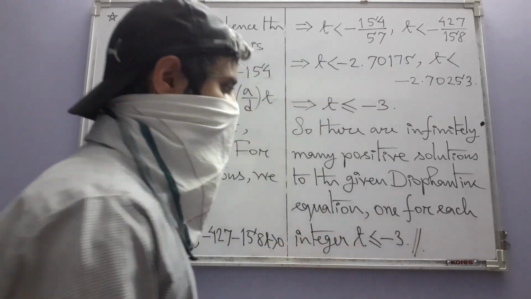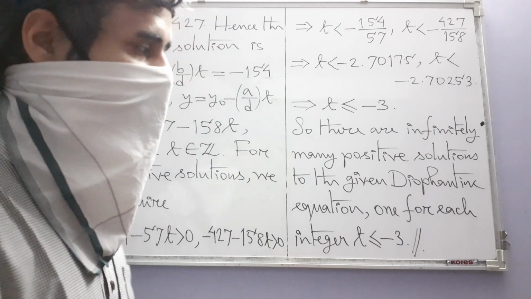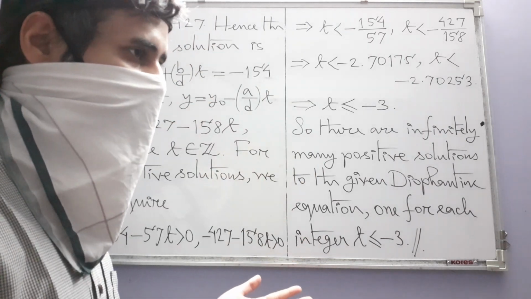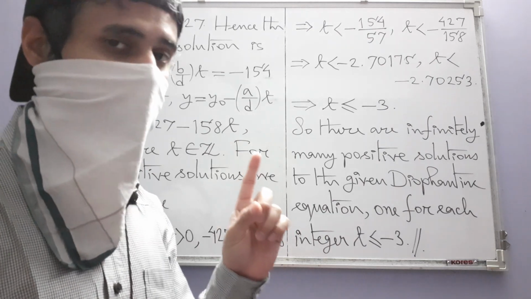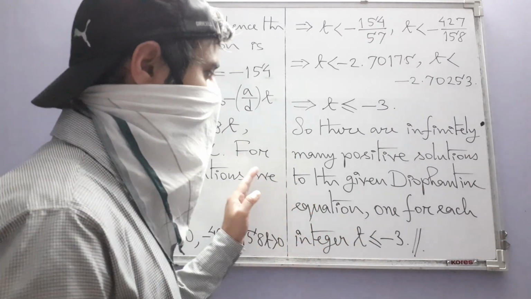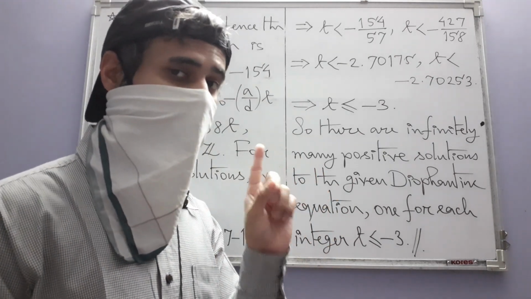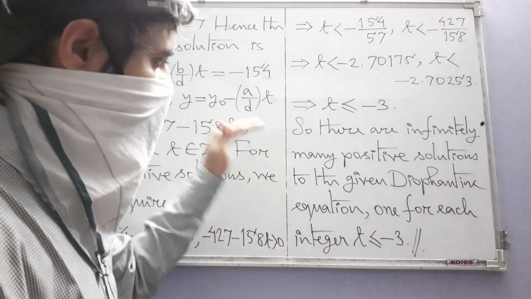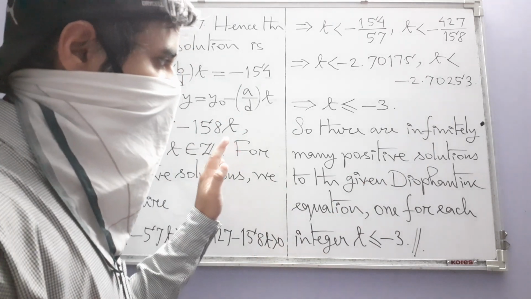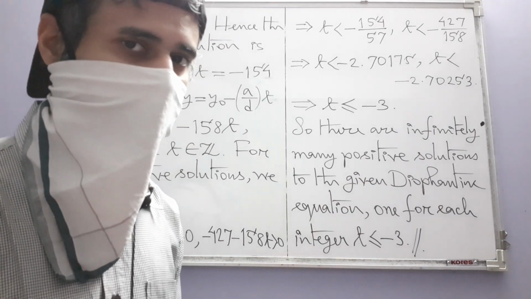So in this exercise we see the full spectrum of all the possibilities. In the first one I think there was only one solution corresponding to the value t equal to minus 19. In the second one we had three positive solutions. Keep in mind that whenever solutions exist for a Diophantine equation, there are actually infinitely many.